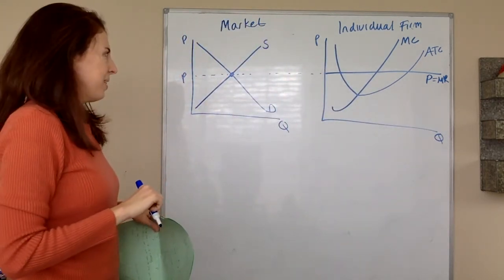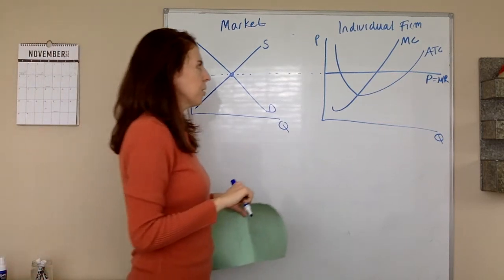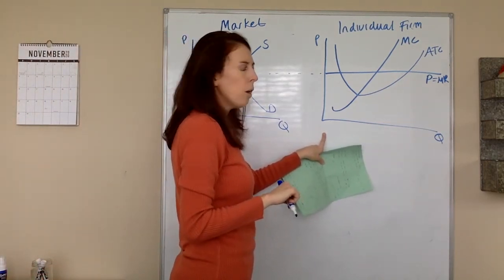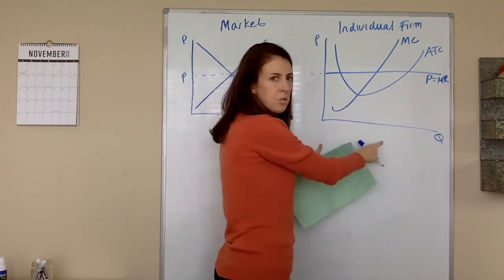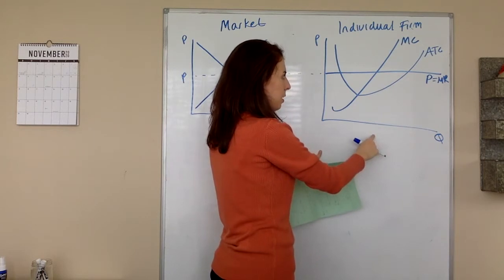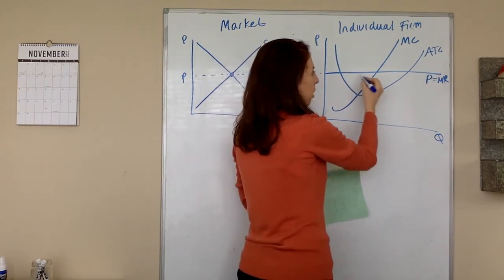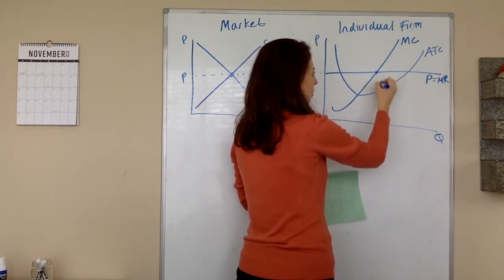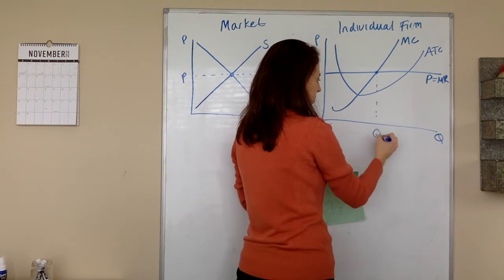Okay, what's going to happen? This individual firm is going to, first of all, say, what number of units do I need to produce so that I maximize my profit? The number of units I would need to produce to maximize my profit is the number of units where the marginal revenue equals the marginal cost. So right here, this would be my Q star.